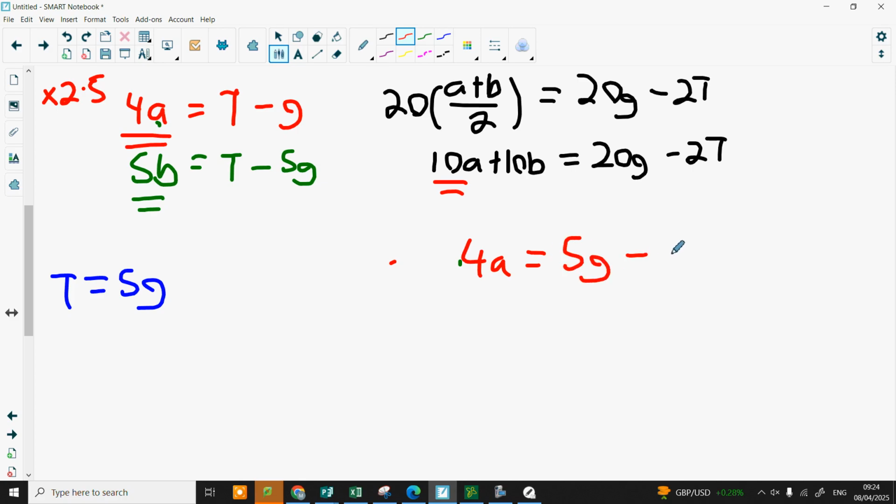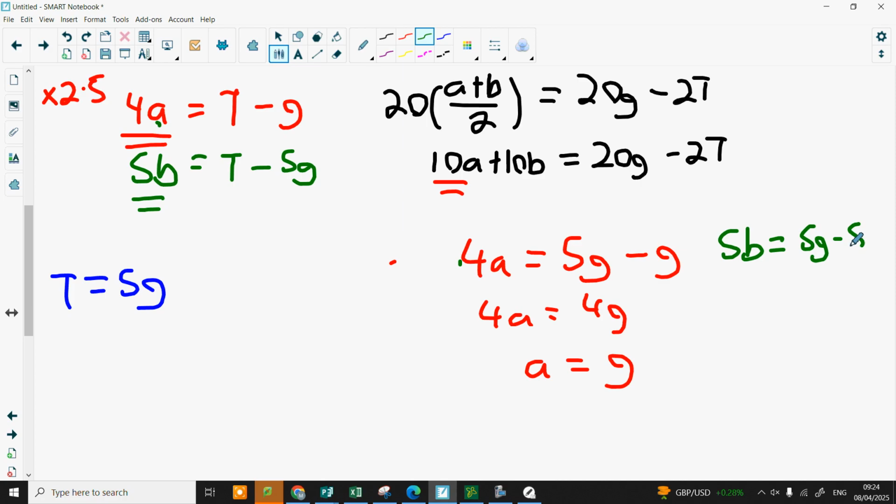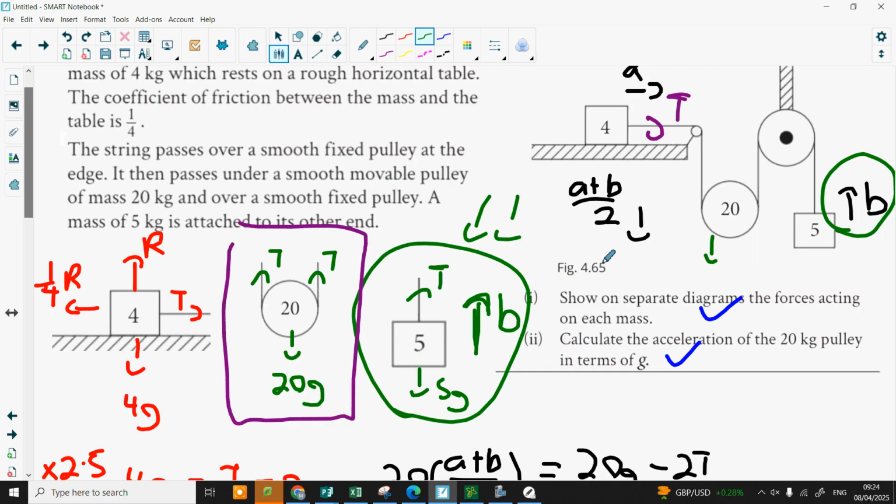T, which is 5g, take away g. 4a equals 4g, a equals g. Now look at this one, the green one. 5b is 5g minus 5g, and b therefore is zero, it doesn't move. So it's a bit weird. Everything moves around it, but it stays exactly where it is. The whole system's moving around it, but it's just not moving. That's all. Yep.